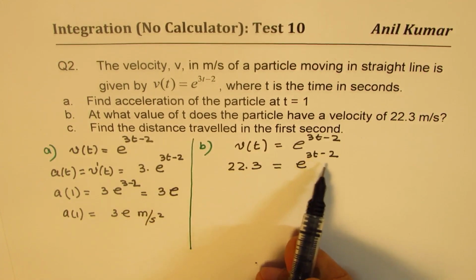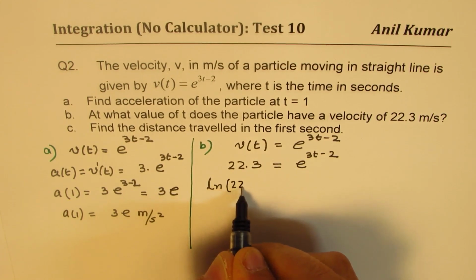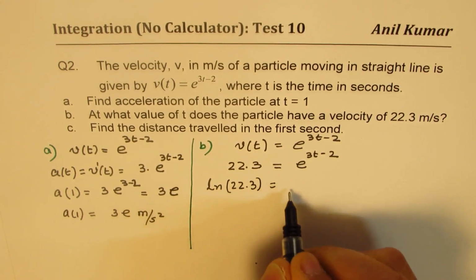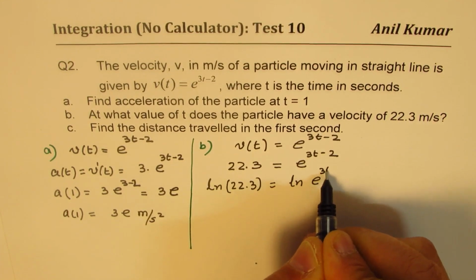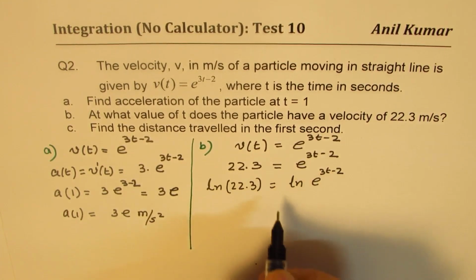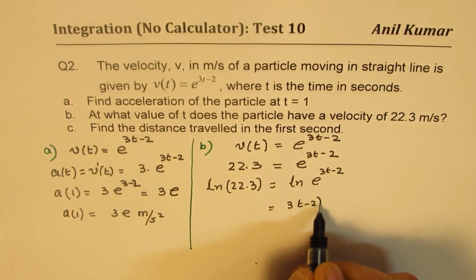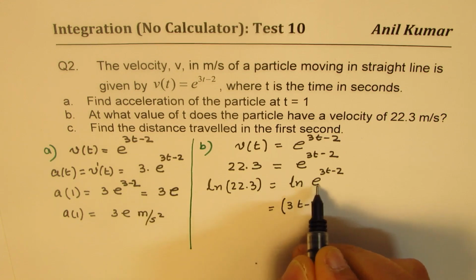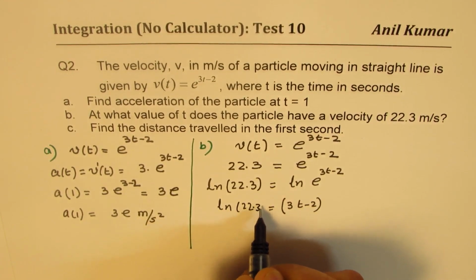To find the value of t, we can take natural log both sides, right? So we get ln 22.3 equals ln e to the power of 3t minus 2, which is basically 3t minus 2, right? Since ln e is 1.